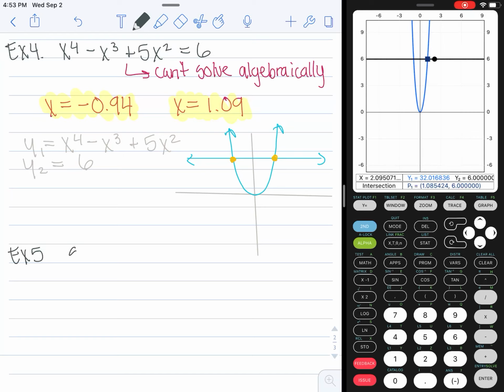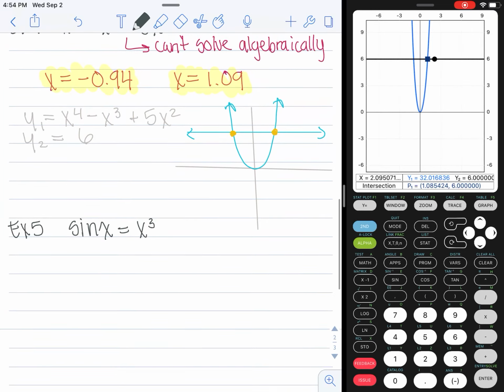Let's change it up a little bit. Let's get some trig happening up in here. So we got some sine, and let's say it's equal to x cubed. Well, for this one, I'm thinking we should go by calculator because we don't know how to factor anything with sine, or how do we solve with sine. So let's let our calculator do it.